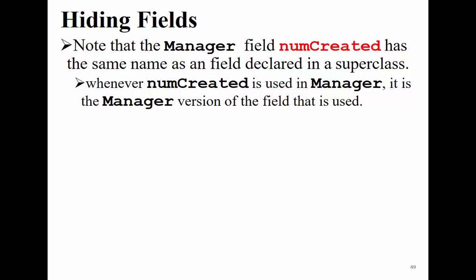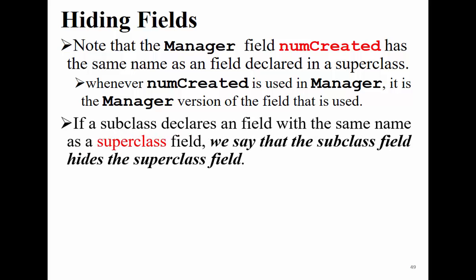Now Manager can see only its own private numberCreated. The numberCreated inside the superclass is hidden. Whenever I use Manager.numberCreated, I'm going to reach the Manager's numberCreated. I will never reach the Employee's numberCreated unless I explicitly say Employee.numberCreated. So the subclass field hides the superclass field.